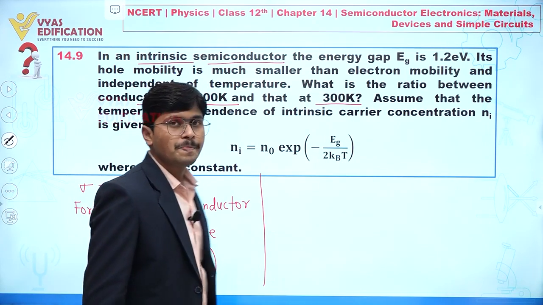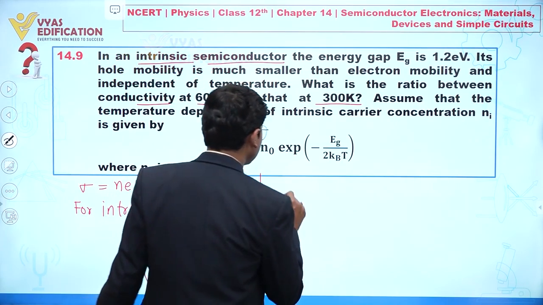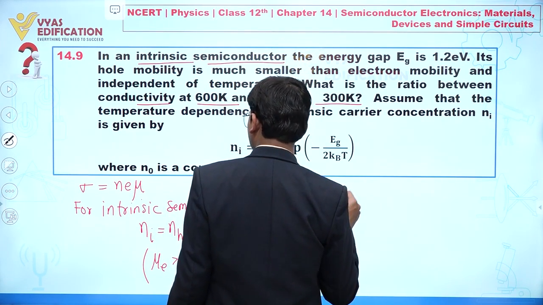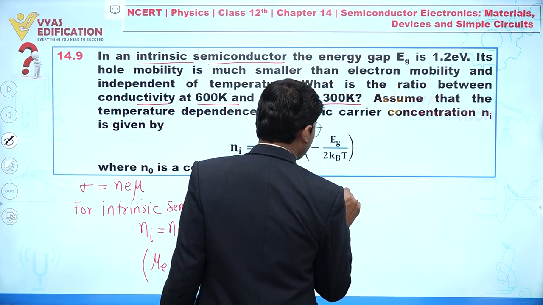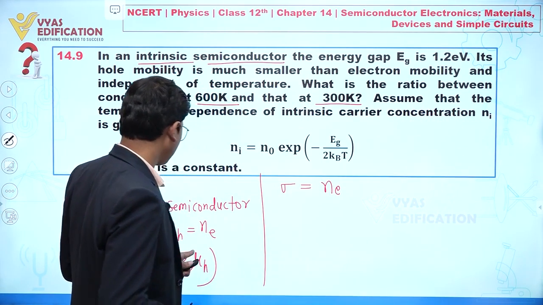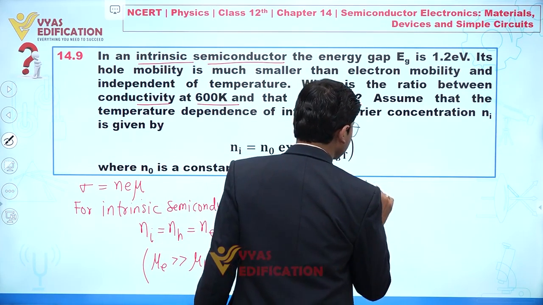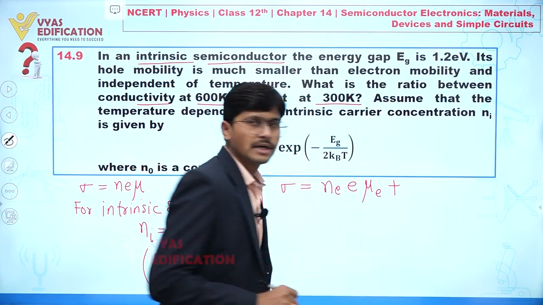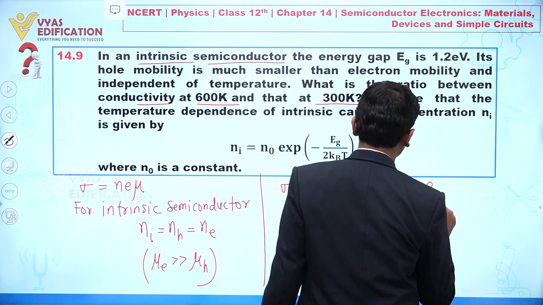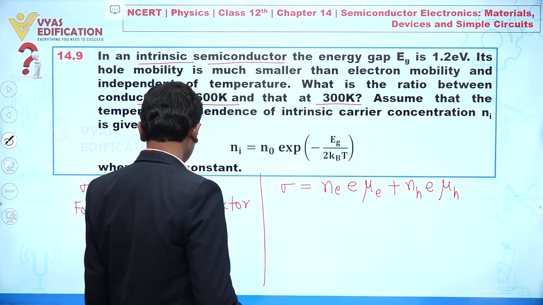Now we know the relation between conductivity and mobility is given by sigma equal to Ne e mu E plus Nh e mu H, where e is the charge of the electron.